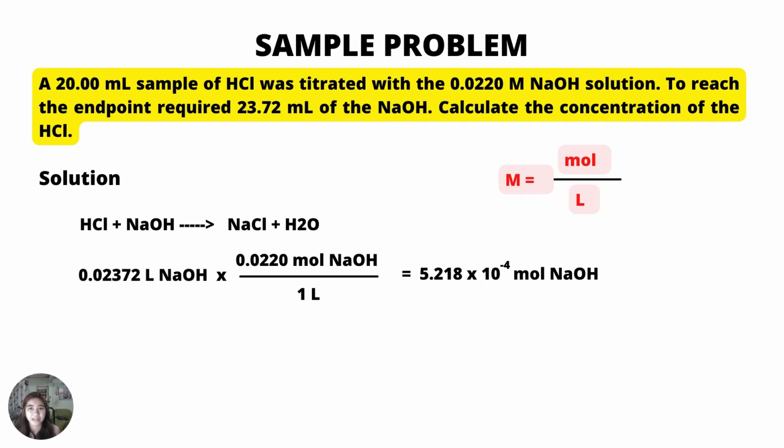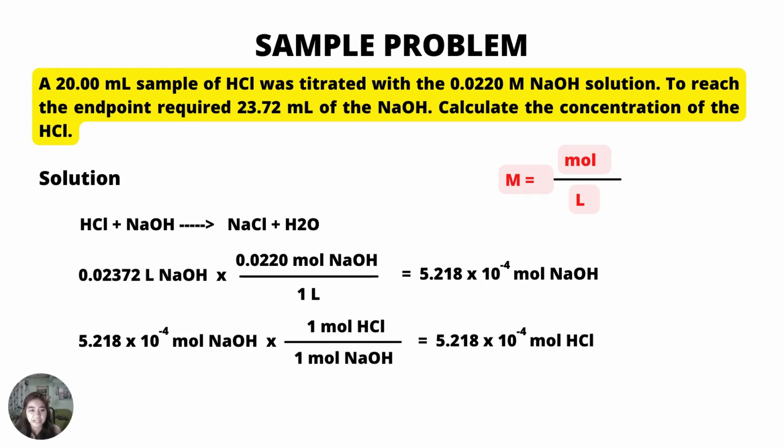So since we got the moles of our known solution, third, we need to use the mole ratio to find the moles of the unknown solution. It requires 1 mole of sodium hydroxide for 1 mole of hydrochloric acid.